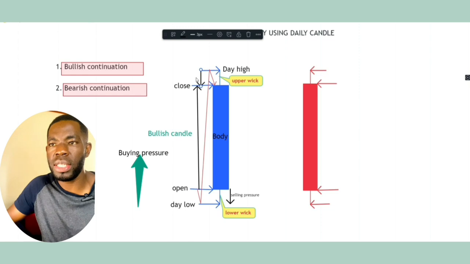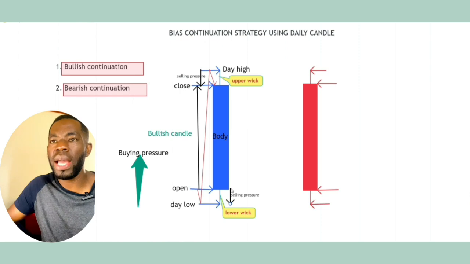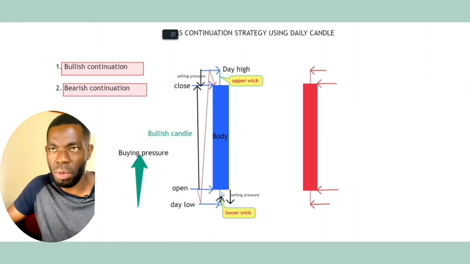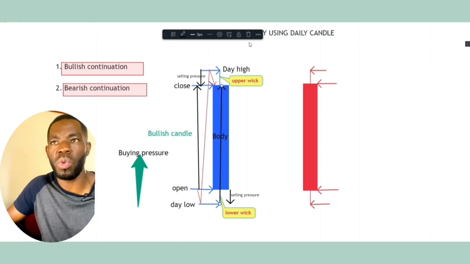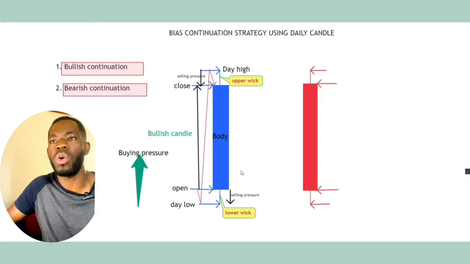On the other hand, even after this selling pressure, buyers came back into the market at this daily low and pushed the price all the way up to this day high before sellers again pushed the price a little lower to close at the end of the day. That is what this candle is communicating to us. So pay attention to that.